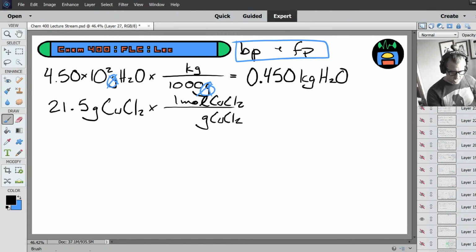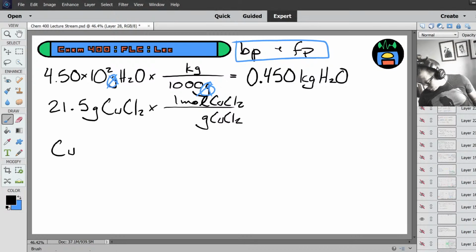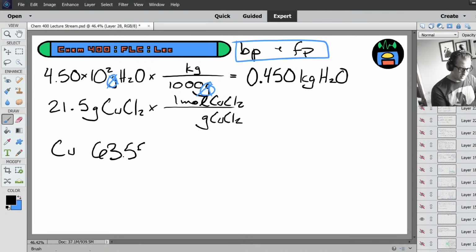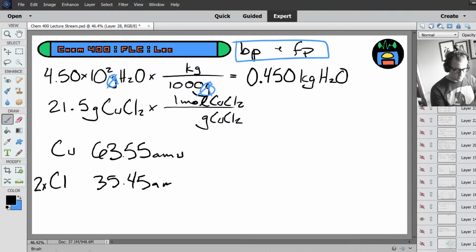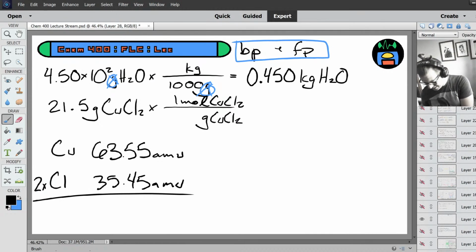So let's see. So we got to calculate. Copper has an atomic mass of 63.55 AMU. Chlorine has an atomic mass of 35.45 AMU, but we have 2 of them in the mix.